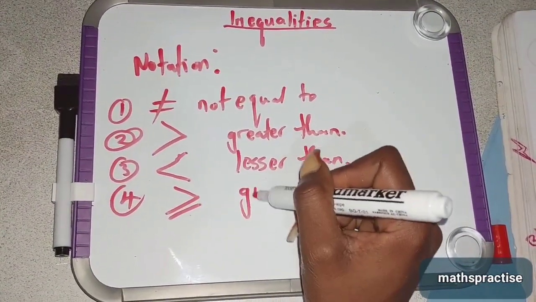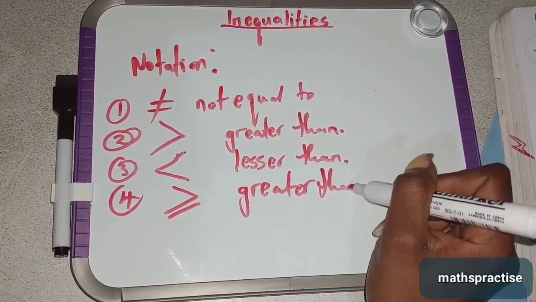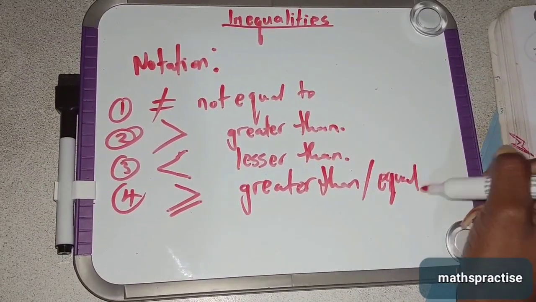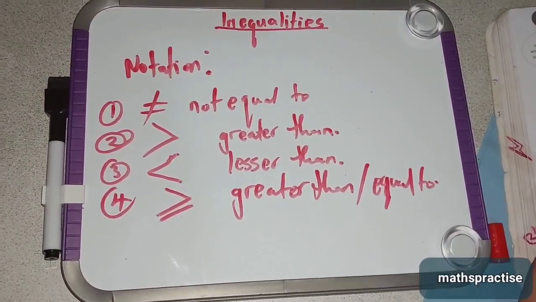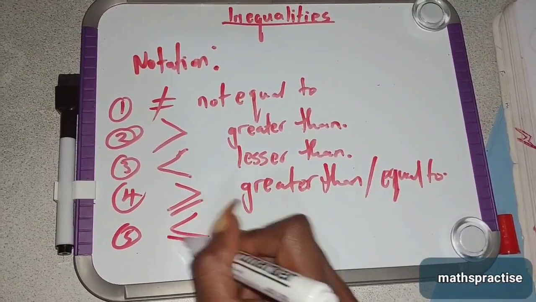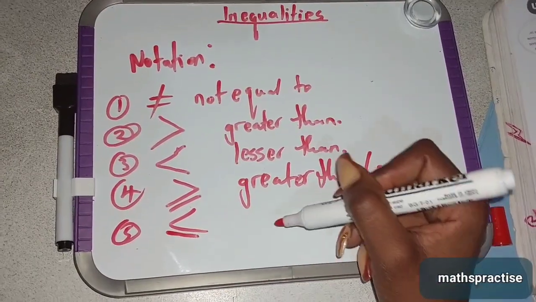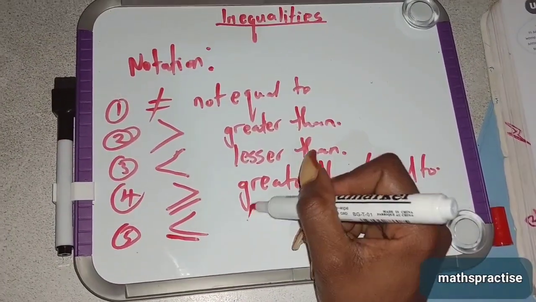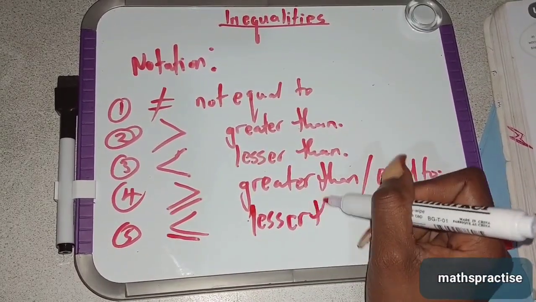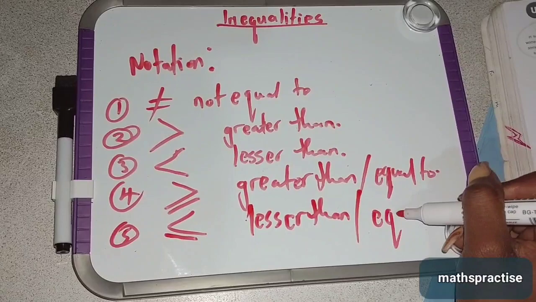It's greater than or equal to. Then the fifth is less than. We have a lesser than sign with a stroke at the bottom. That's lesser than or equal to.